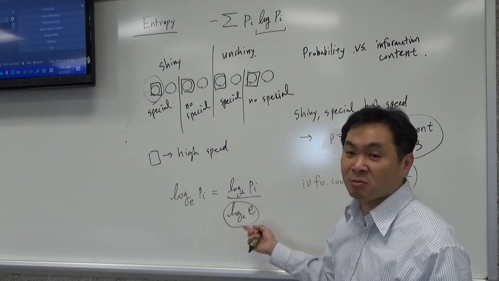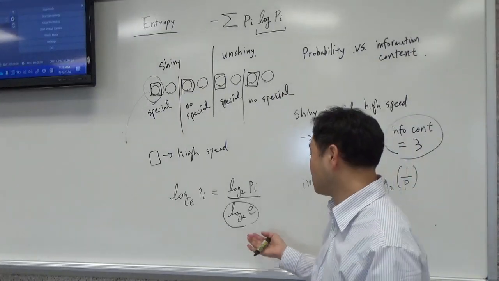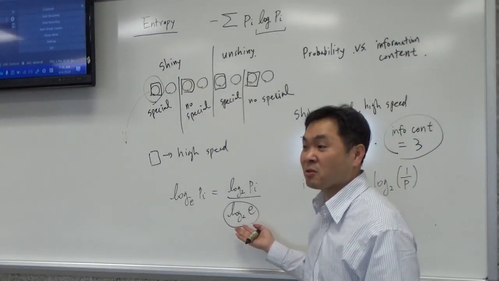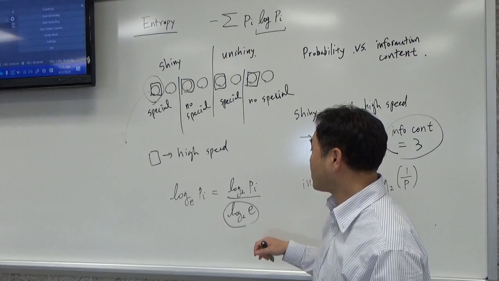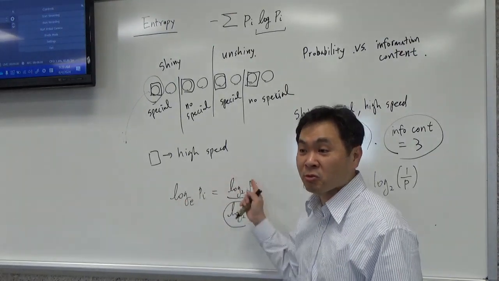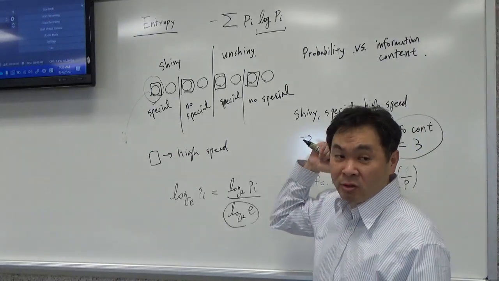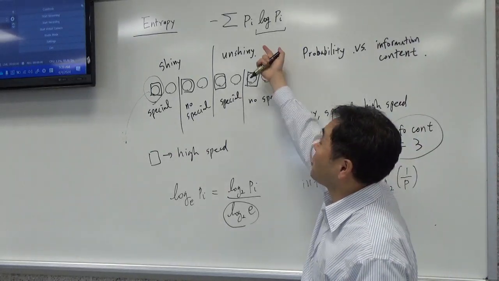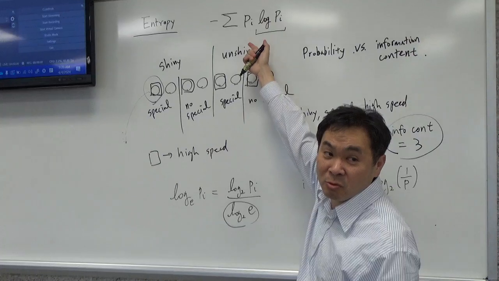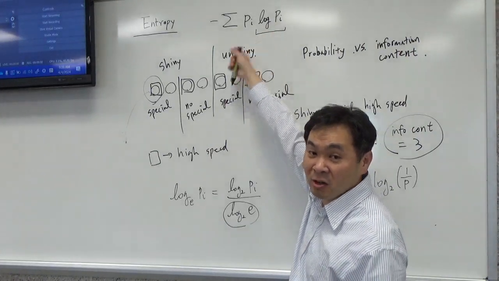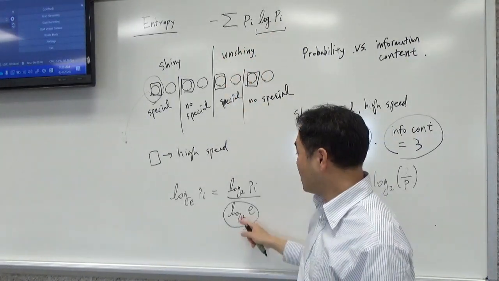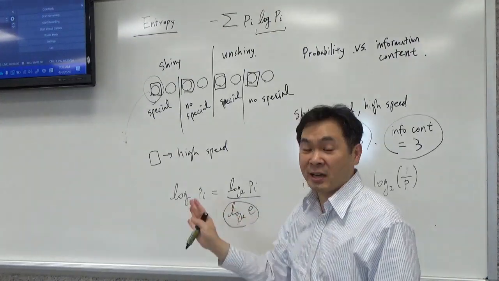And this is just some number, some number that's slightly bigger than 1. That's it. So these two things are proportional to each other. And because in most machine learning algorithms, you're either trying to minimize entropy or maximize entropy or whatever, those are objective functions. A constant multiple doesn't play any role at all.